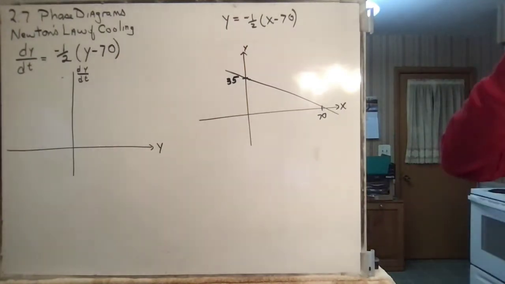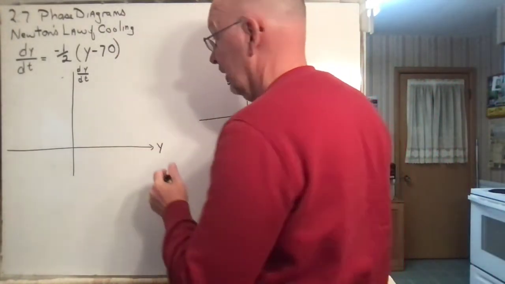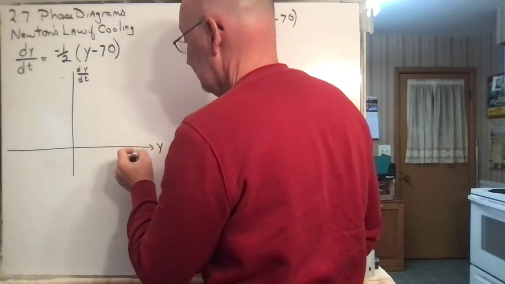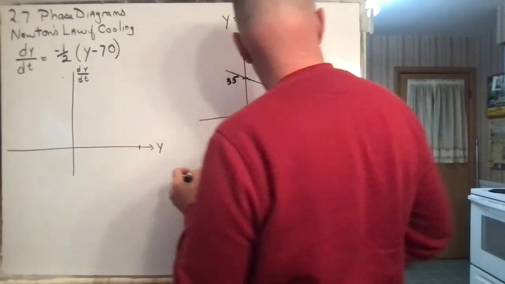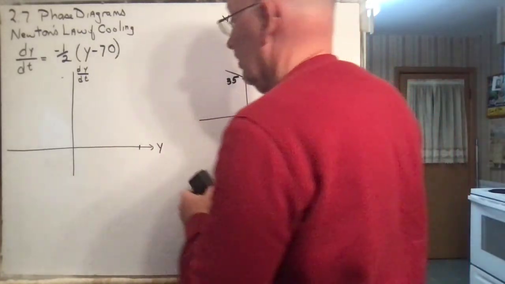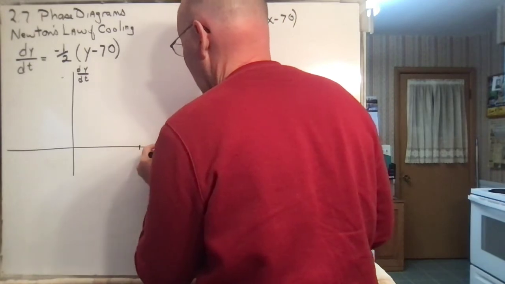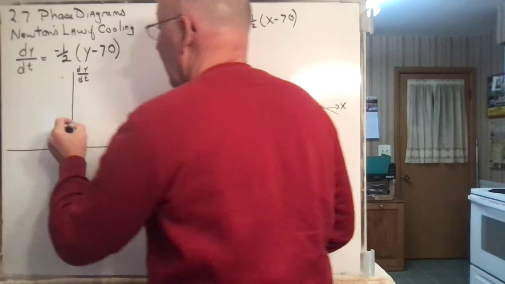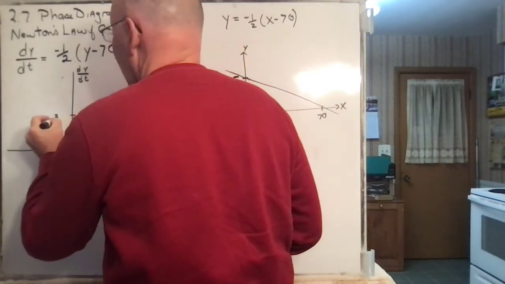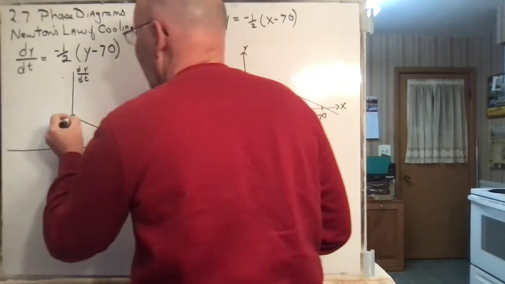So this is going to be exactly the same thing. All I've done is rename the axes. So let's make this 70 right there, and make this 35 right there, and it looks kind of like this.